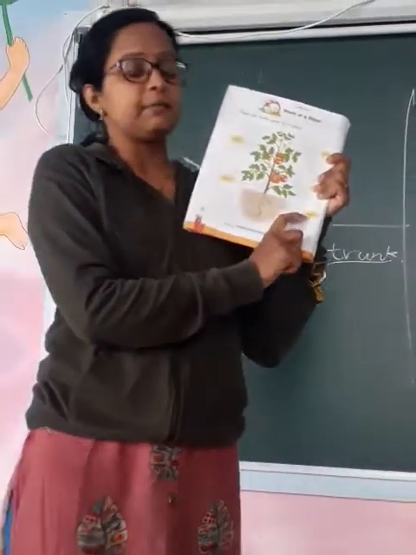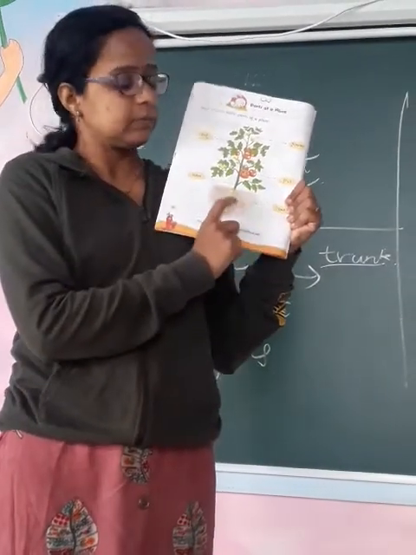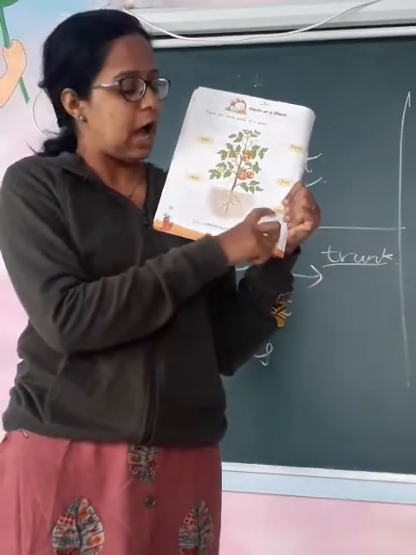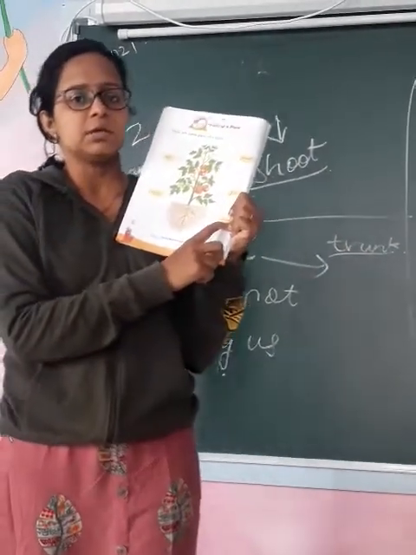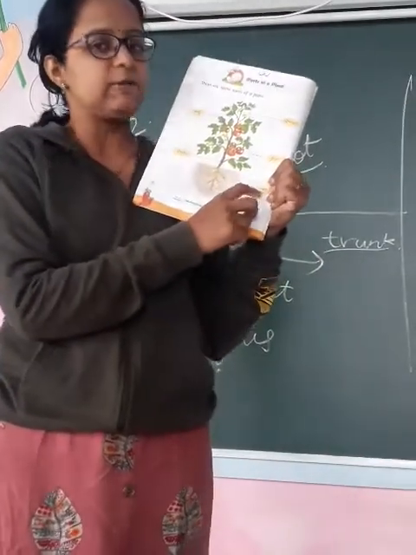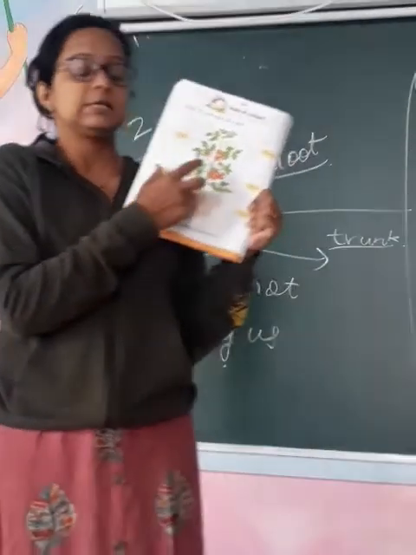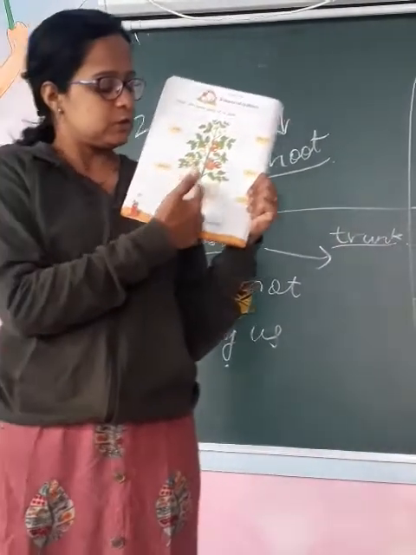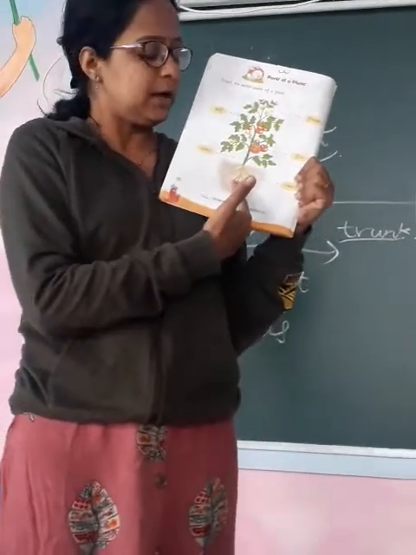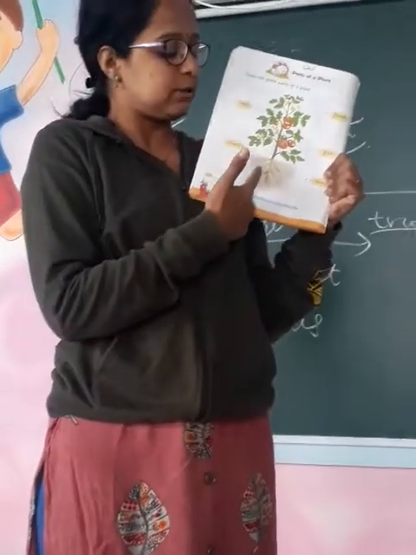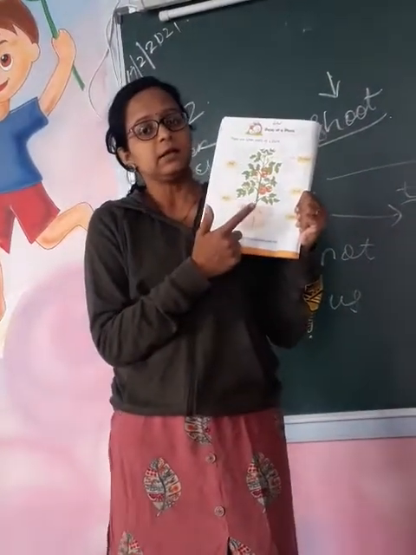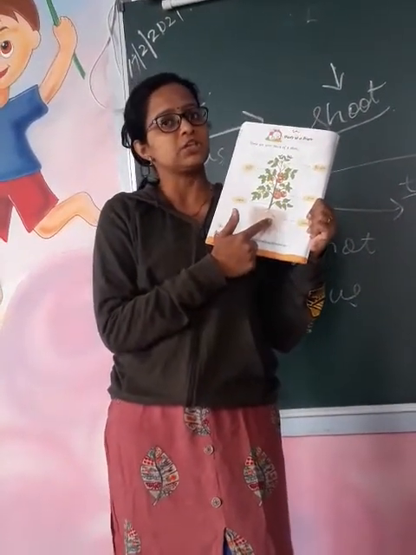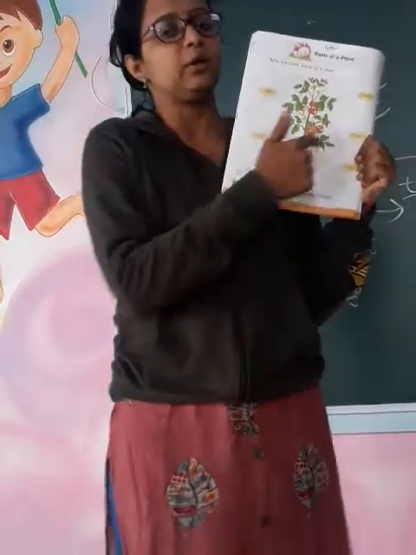Okay. So now we'll read out the parts of the plant. The underneath part is the root, that is the legs of the plant. ROOT. You have two legs, but yours are visible because it is a part of the body which is useful to us. Since the plant cannot move, this part is underneath, because from the ground itself it takes water and essential nutrients for the plant to grow.